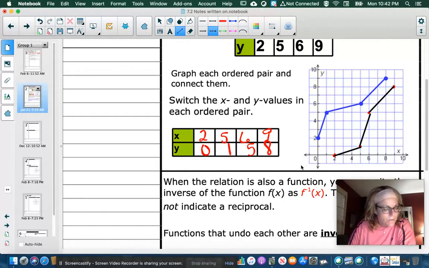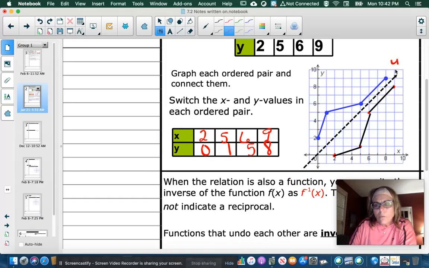So I'm going to do that right now. Let's try that again. We got to start down here a little bit. There we go. That dashed line is the line y equals x.